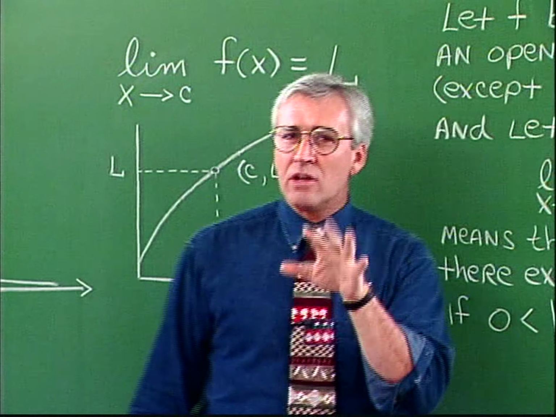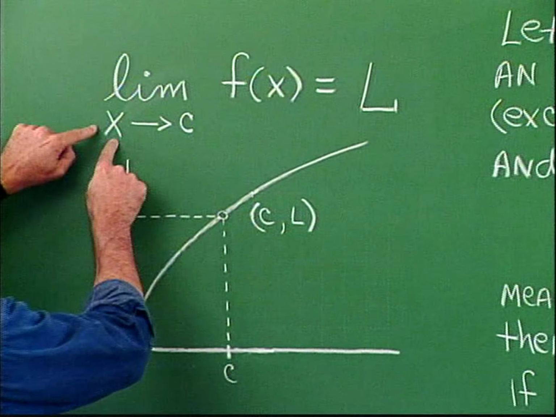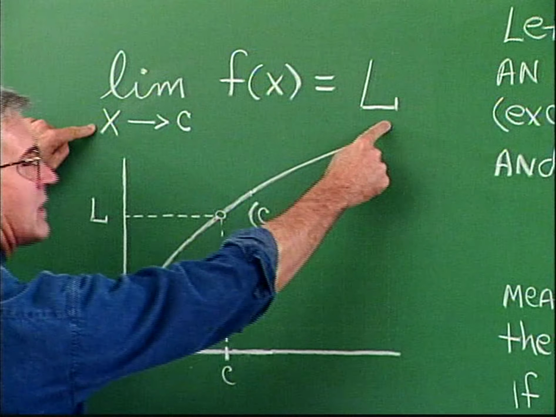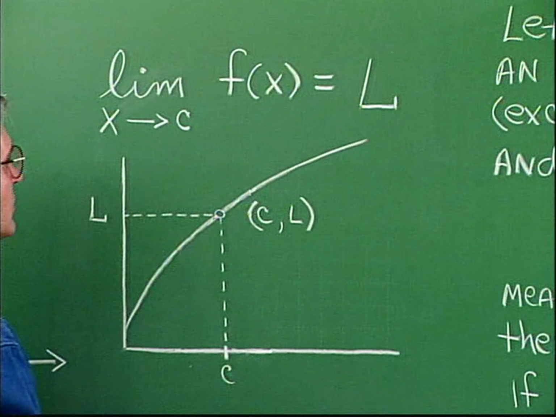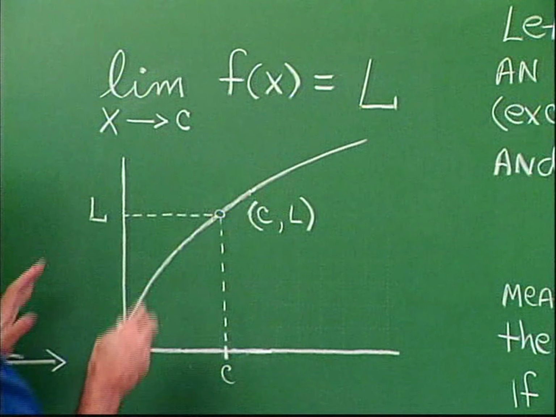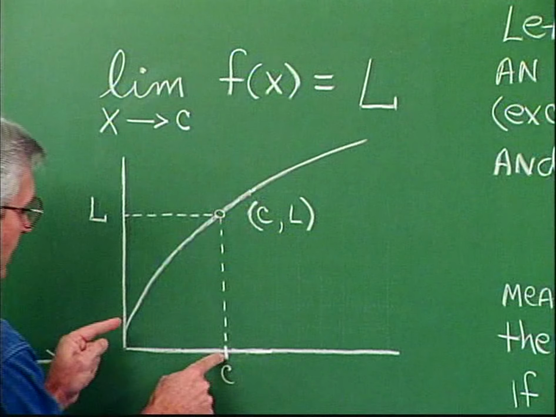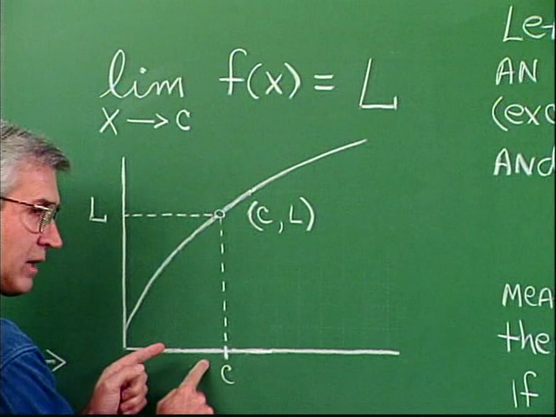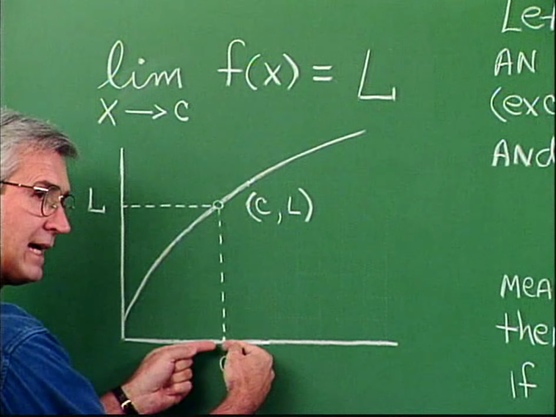Well, the notion of limit, now here's what we're trying to deal with. We have the limit of f of x as x approaches c is L. L is the limit, c is this target point that we talked so many times about. And from a graphical standpoint, we're thinking about this. Here's our c value, here's our target point. We are thinking about approaching c from both sides.